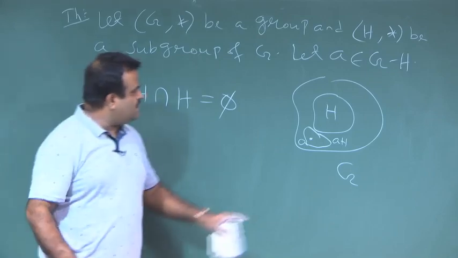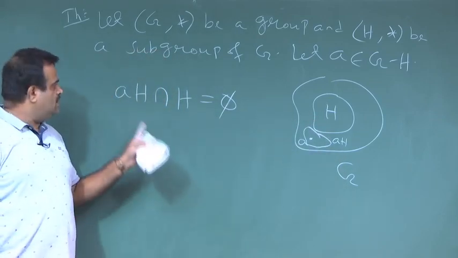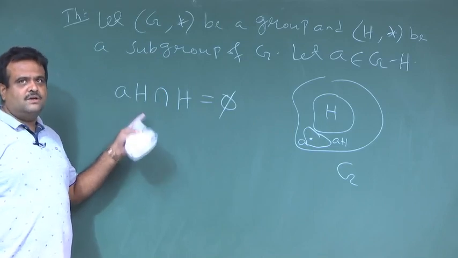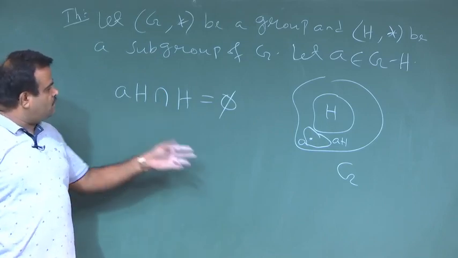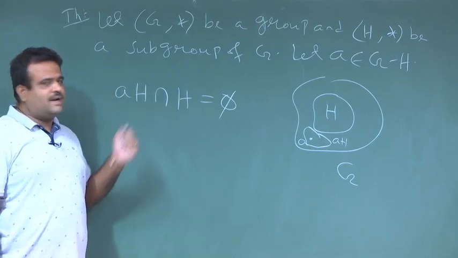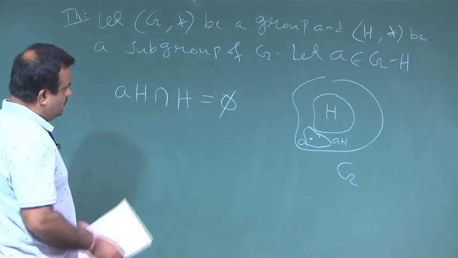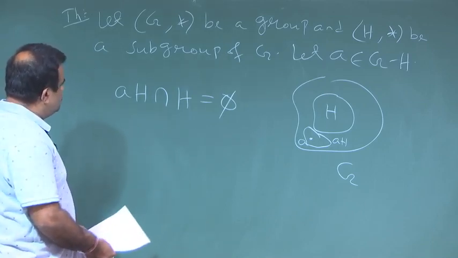We have seen that if we choose this a from H, that will give us basically H, that is hH, small h. But now, the claim is if we choose an element outside H, then these two sets are disjoint. Now, how to prove this?